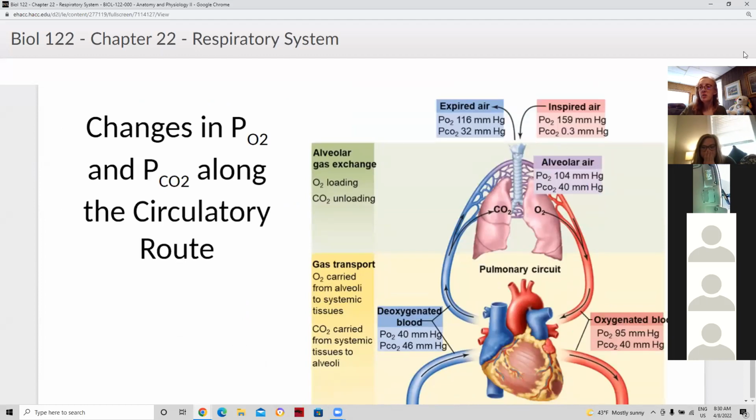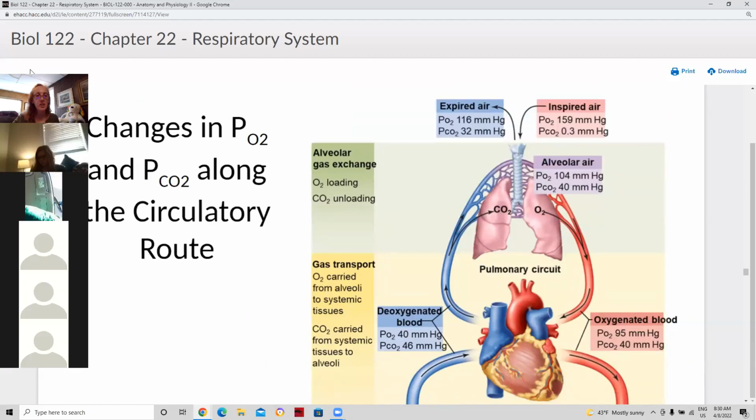What does this have to do with the respiratory system, and why does it matter? When we're looking at gas exchanges, air that's coming into the lungs has a partial pressure of oxygen of 159 millimeters of mercury. Remember how you'd get that?